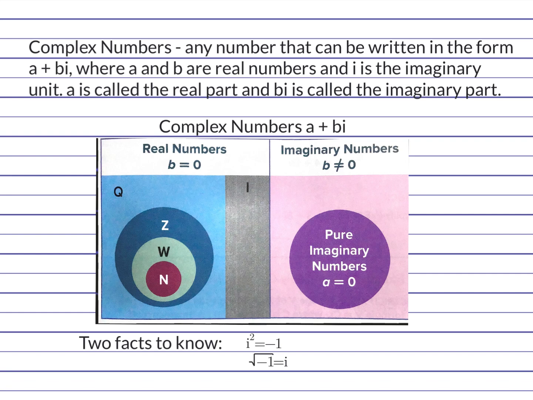A pure imaginary number, let me write that out, is where a equals 0. So when your real part is non-existent, that's when you have a pure imaginary number.